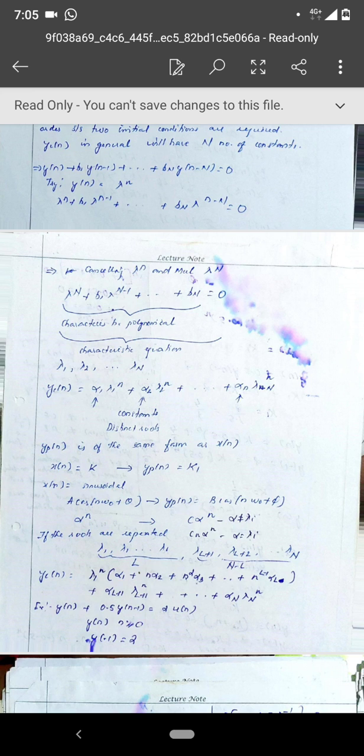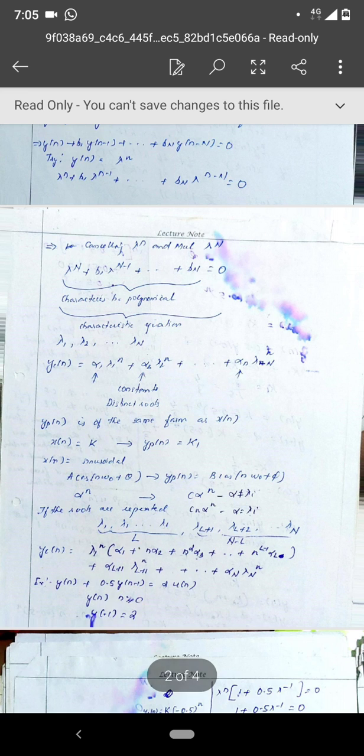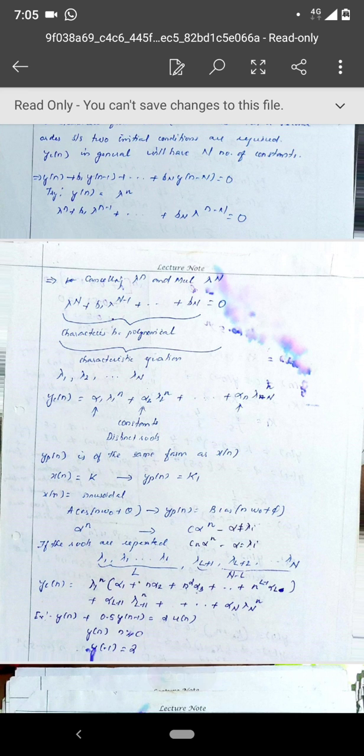Complementary function yc of n is that we take the LHS alone, equate that to 0, and then we try a solution lambda raised to n. So if I substitute lambda raised to n instead of y of n, that is yc of n we are taking, and we are applying a solution. Okay, so if lambda raised to n is that solution, we substitute it in that equation.